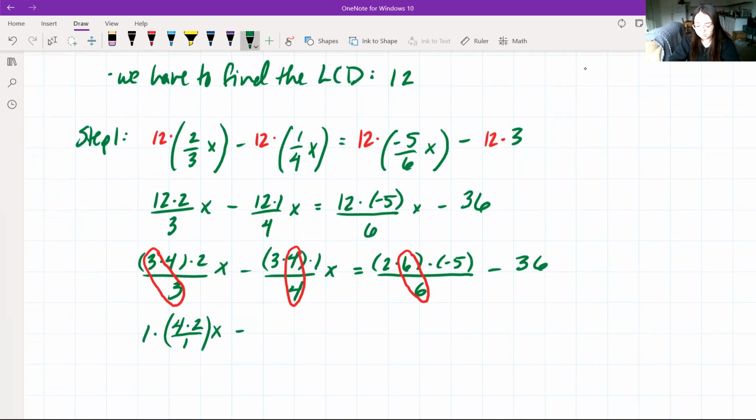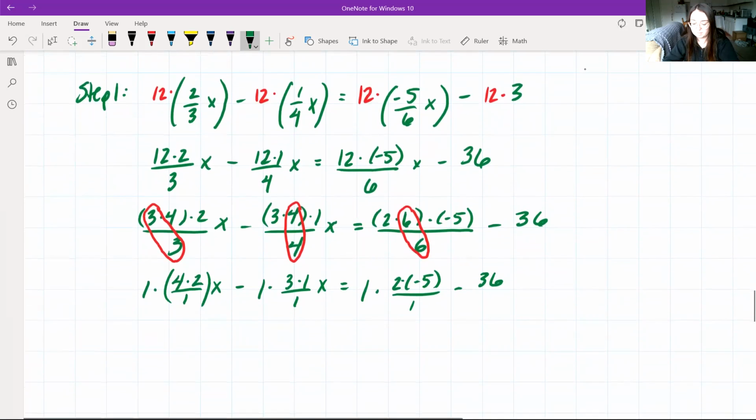Then 4 over 4, we have property of 1 times whatever was left over, so 3 times 1 over 1x. Then on the other side of our equality symbol, 6 over 6 is just 1, and we have 2 times negative 5 over 1, still minus 36.